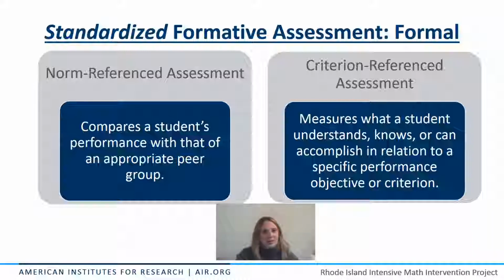A norm referenced assessment is one where a student is measured against those taking the test, not against any defined criteria. It permits a fixed proportion of students to pass and fail. Because there are differences in the students taking the test from year to year, the standards that are set vary.